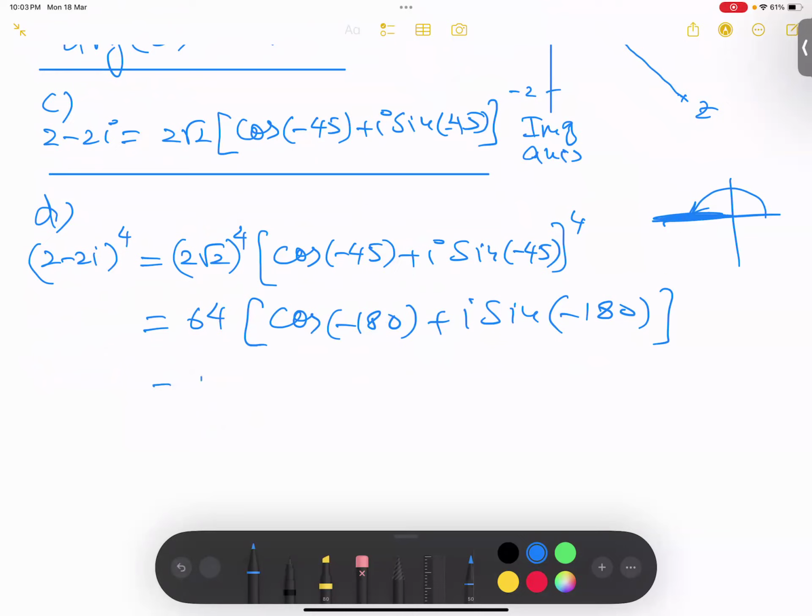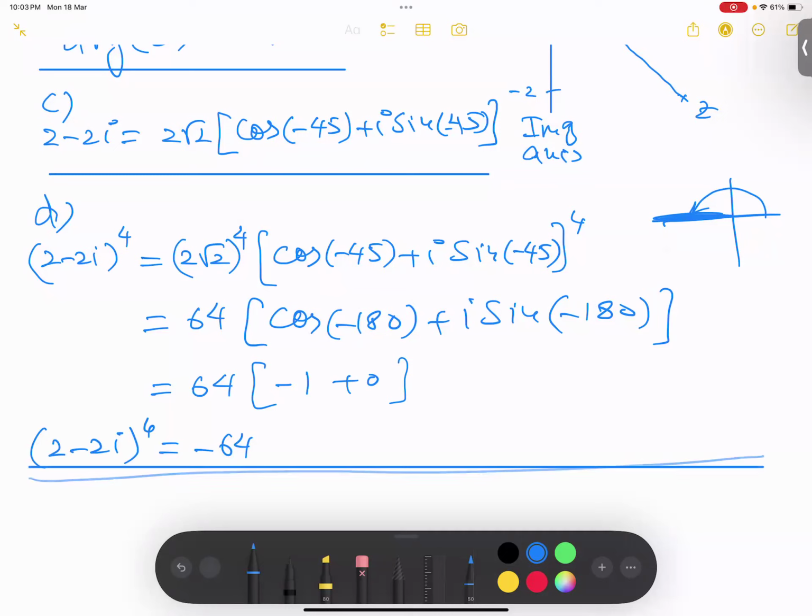So that is why this is giving us negative 1, even if I go this way, because of negative 180. So this is negative 1 and this is 0. So ultimately I get the answer: negative 64. It means 2 minus 2 iota to the power 4 is negative 64, and the question is completely over.